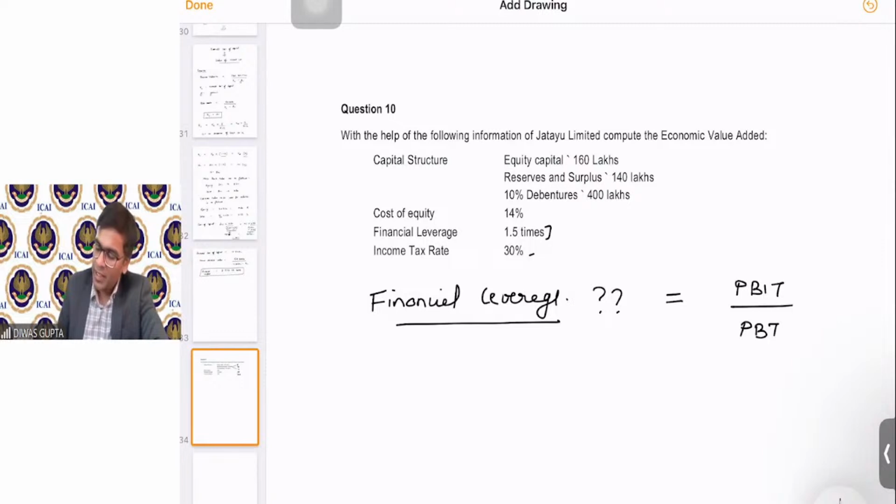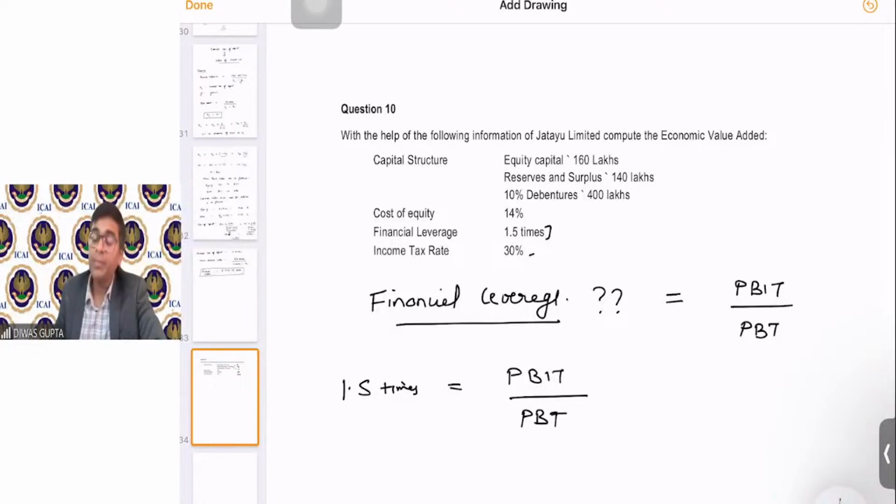So let's start with the financial leverage first. They have told us that it is 1.5 times. So it becomes PBIT divided by PBT, correct? Now for PBT, can I say that PBT is equal to PBIT minus interest? Yes.